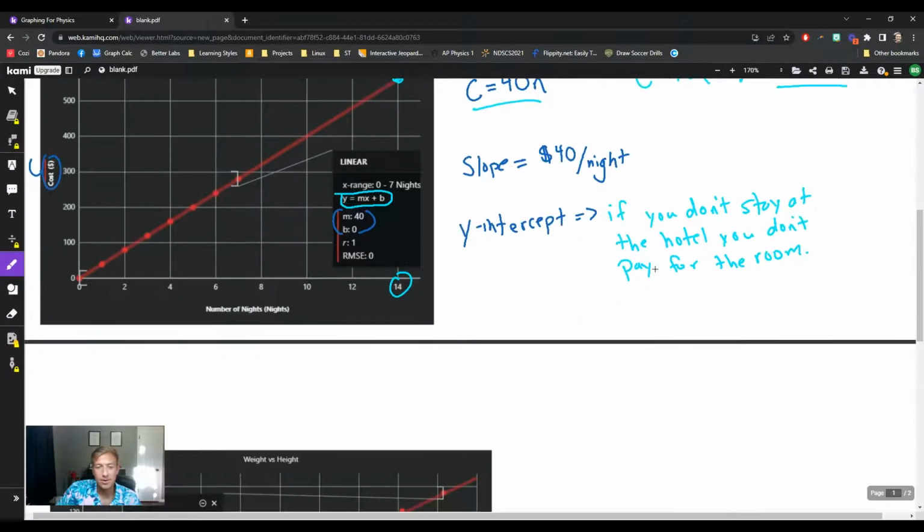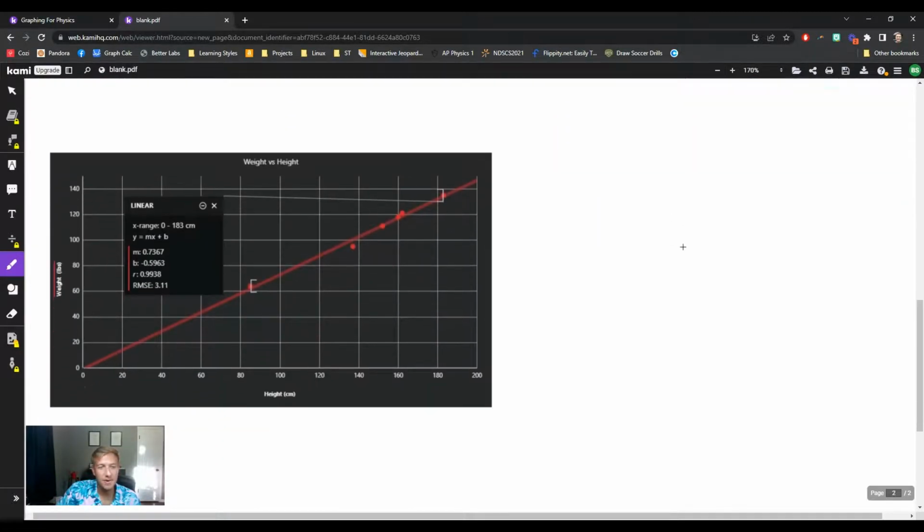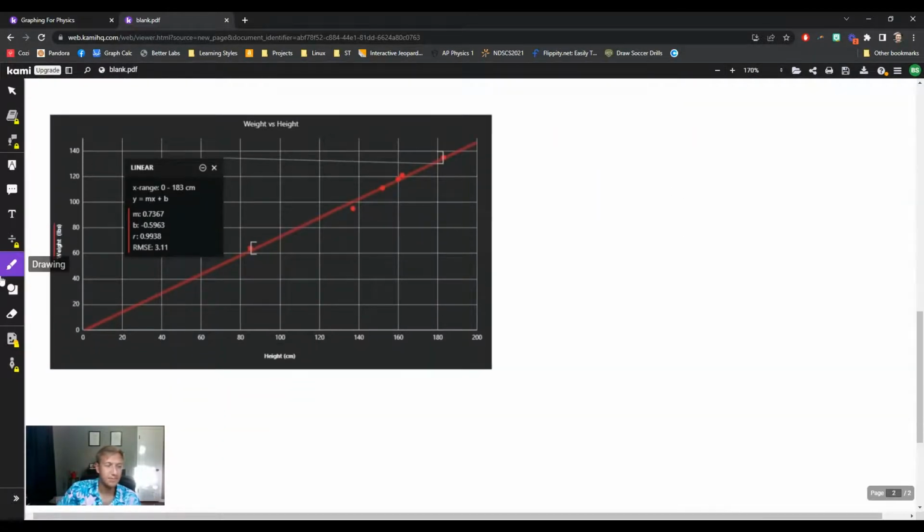Let's go ahead and scroll on down to one more. In this case, we have weight versus height. So we have weight on the side here. We're going to call that W. And then height on the bottom, we'll call that H. Once again, I'm given a math model of y equals mx plus b.